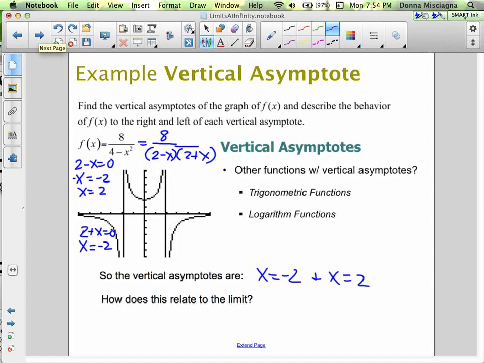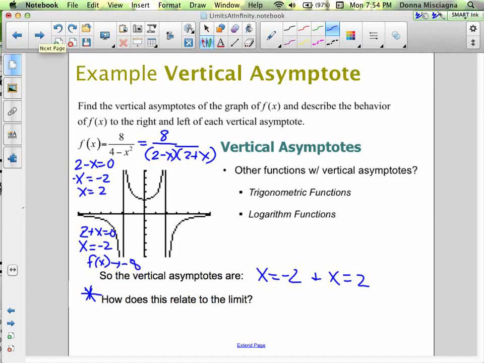How does this relate to the limit? I think this whole graph is in your notes, and we're going to fill this part in and look at how this relates to our limits. If we look at the behavior as we get closer to each of the asymptotes, notice over here that our function is approaching negative infinity.